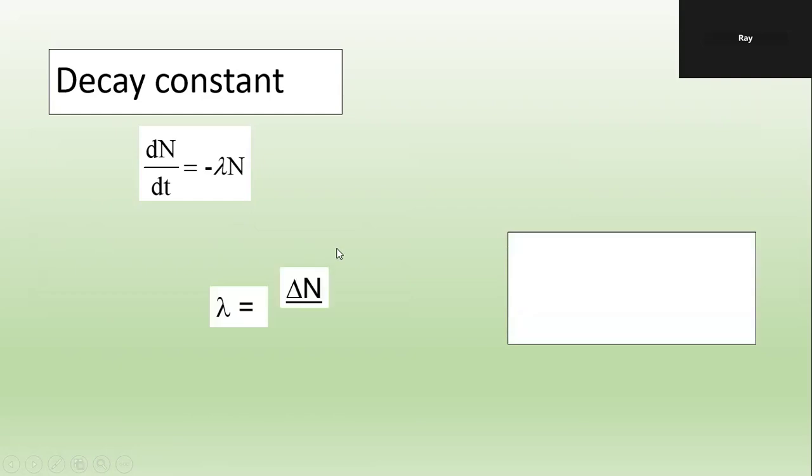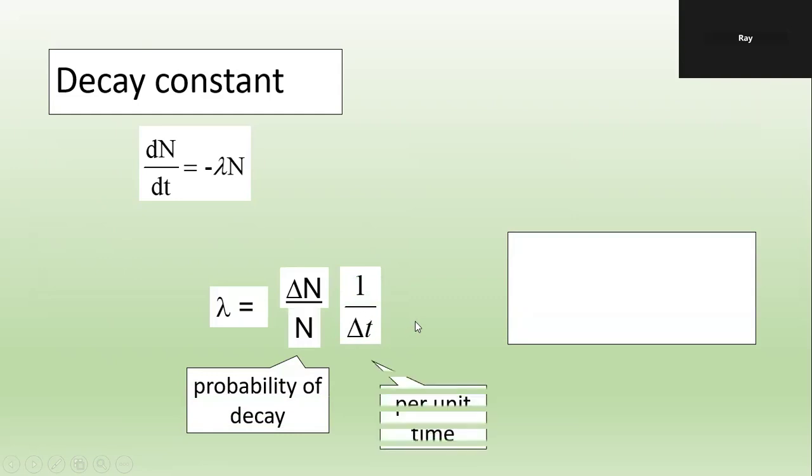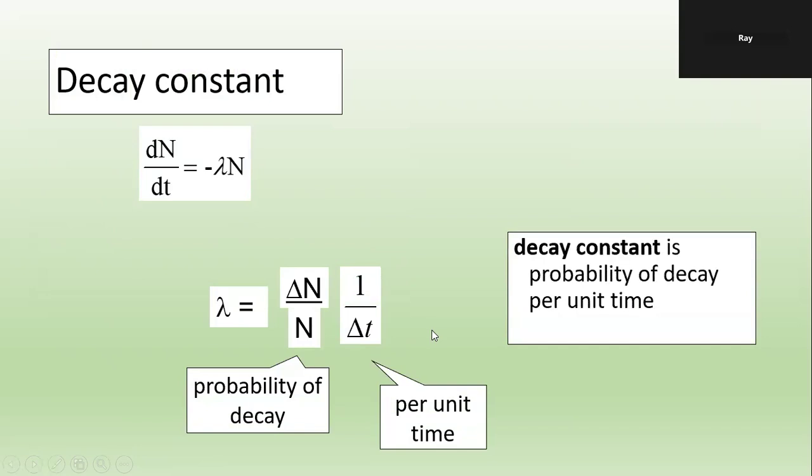Decay constant, we can rewrite that: λ = (ΔN/N)/Δt. There's the probability of decay, or fraction of decay, during this time interval Δt, per unit time. Decay constant is the probability of decay per unit time.